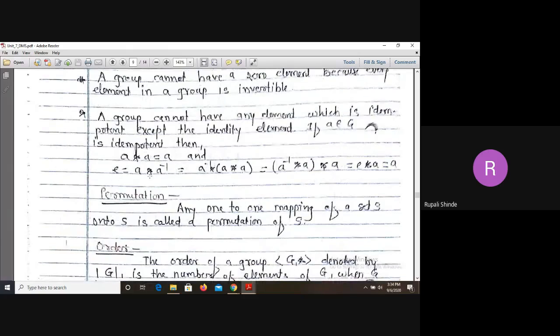Now, here we have seen how we can find the identity element E. If you consider that element as A, we will get the identity element E as A into A inverse.